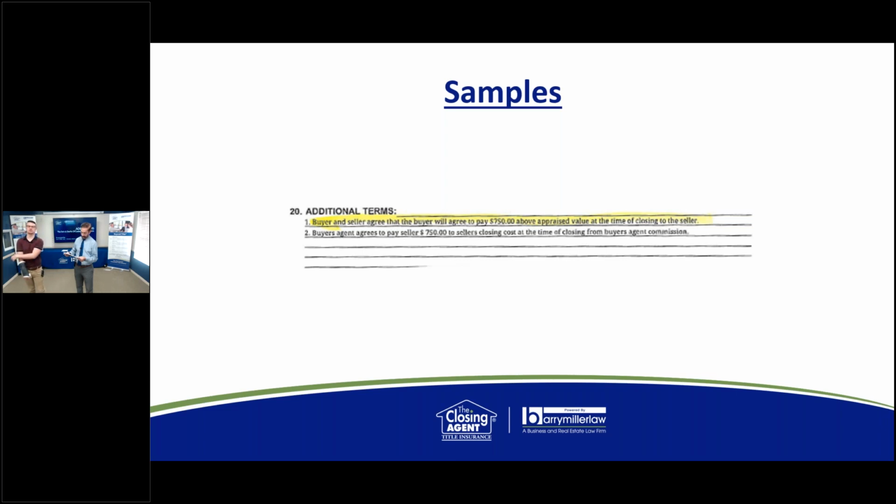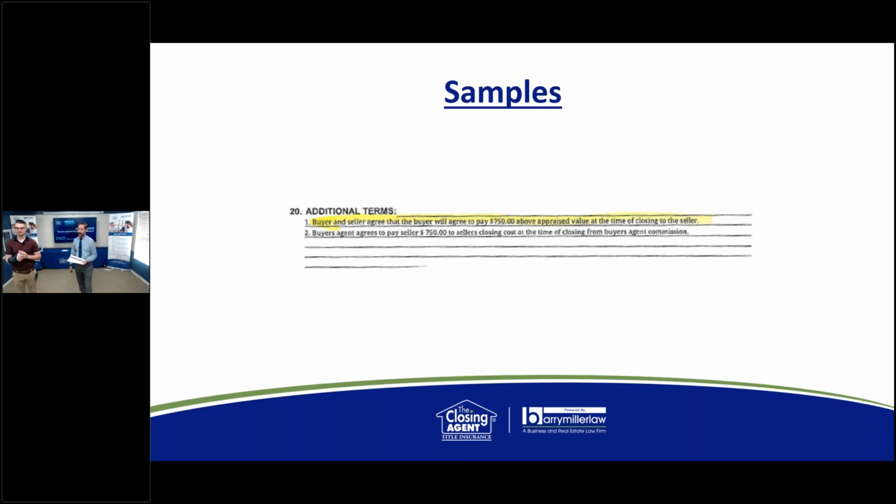Let's say this was under contract for $200,000. Well, let's do what really happened on this. Buyer's agent called me and said the seller is terminating the contract. I'm like, okay, what's going on? She says, well, we had this clause, purchase price is $200,000. The appraisal came in at $185,000. And the seller said, I'm canceling.